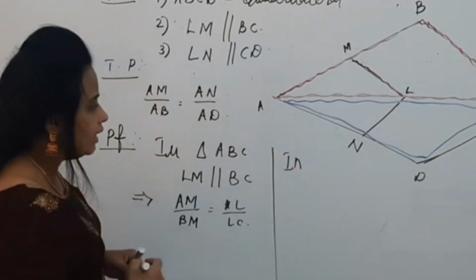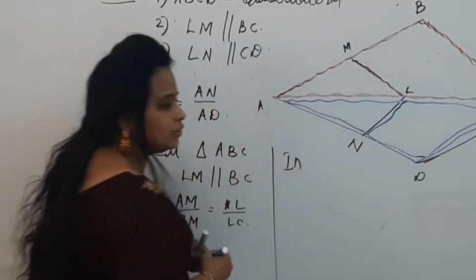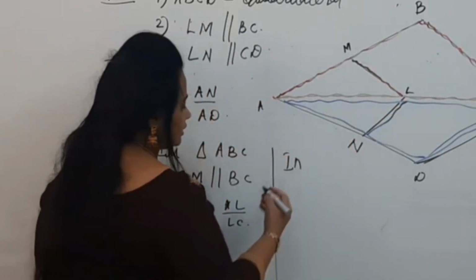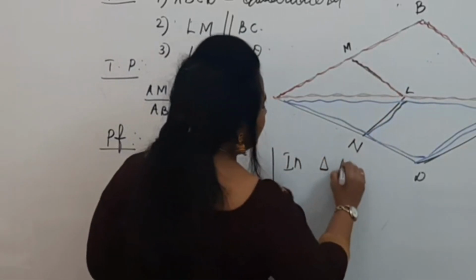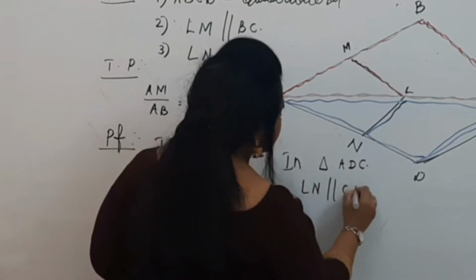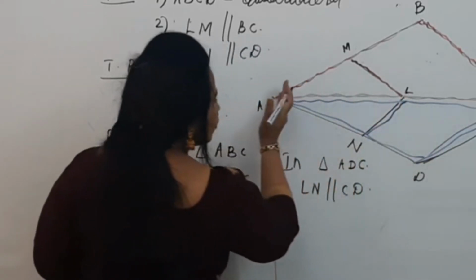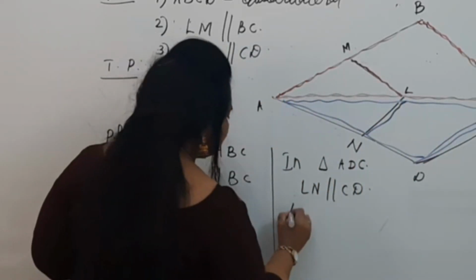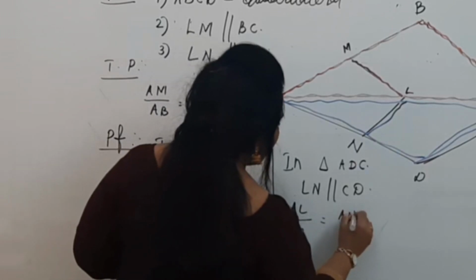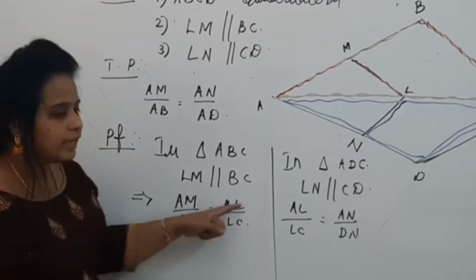In this triangle LN is parallel to CD. So think only about that triangle, and just ignore the other triangle for the time being. So in triangle ACD, LN is parallel to CD. LN is parallel means what? These are parallel sides, so my vertex is here. So I will write AL by LC is equal to AN by DN. Hope you understand how to take the ratio.